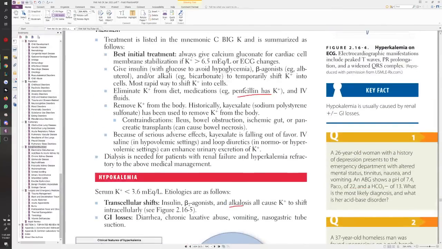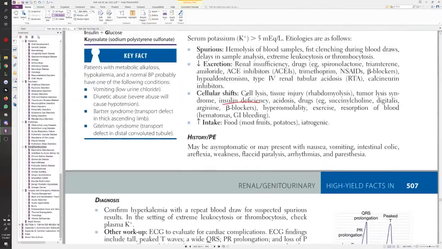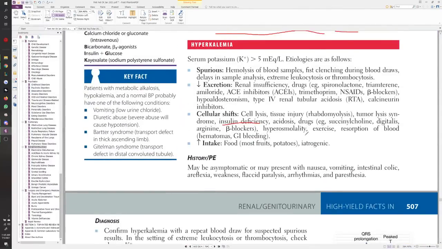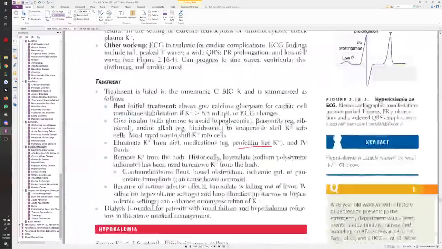We just saw, and this is taught in step 1, that the list of things that cause you to have too much potassium were a bunch of different things that could cause acidosis, right? Like renal tubular acidosis, even really intense exercise, which also causes lactic acidosis, right? Hematomas and GI bleeding are also an acidotic state because you would also have lactate dehydrogenase activity there as well. Acidosis in general, all acidotic things cause hyperkalemia.